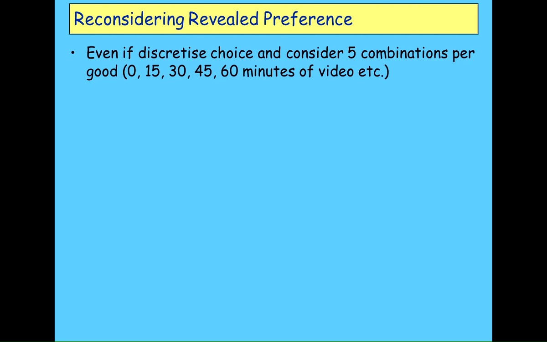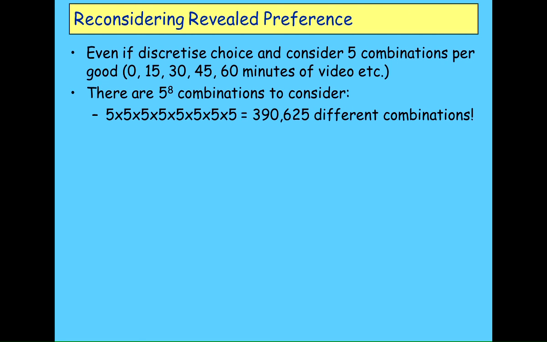Let's make it simple and say there are just 5 options for each. So you could have 0, 15, 30, 45 or 60 minutes of video. That gives you 5 to the power of 8 combinations. How many is that? Anybody not looking at their sheet can tell me? Good. It's a lot. It's almost 400,000 different combinations.